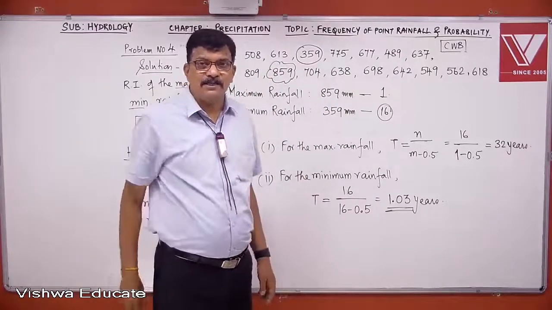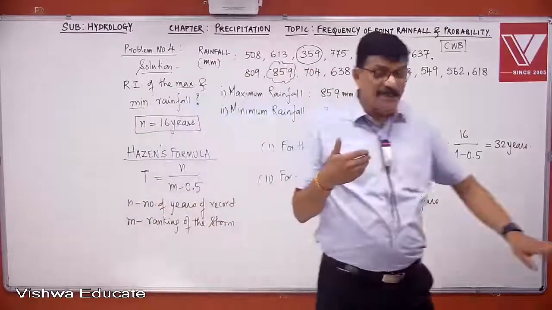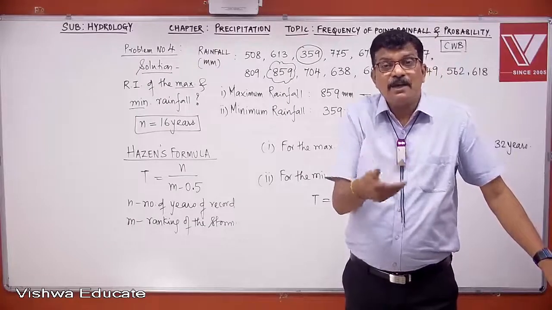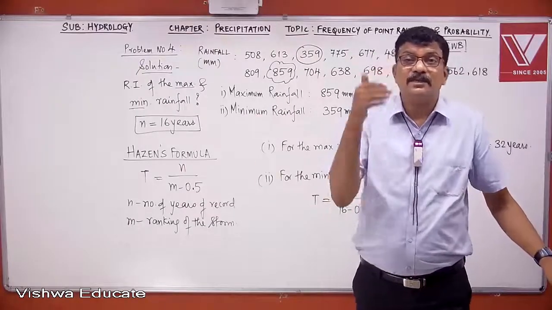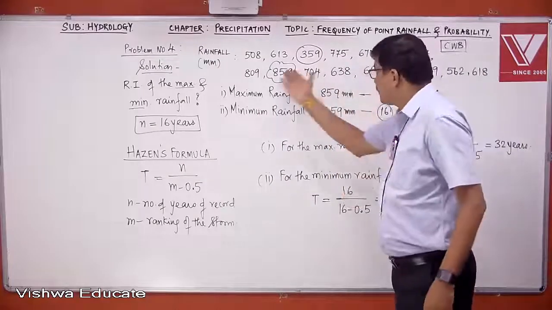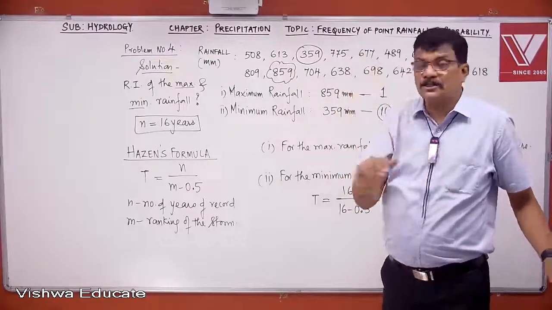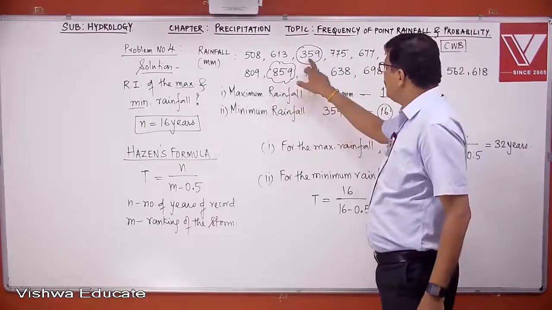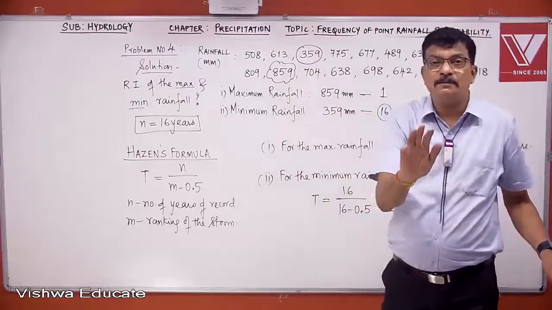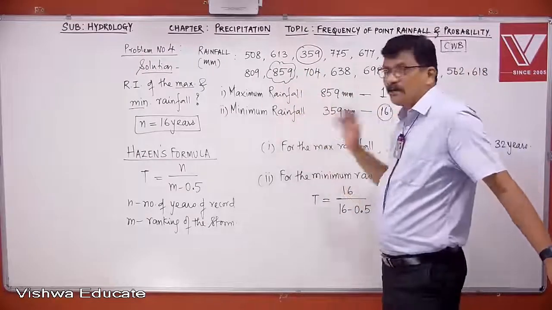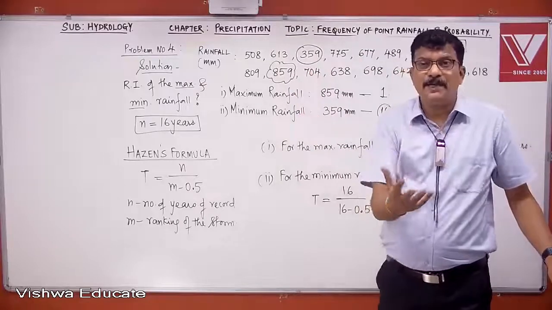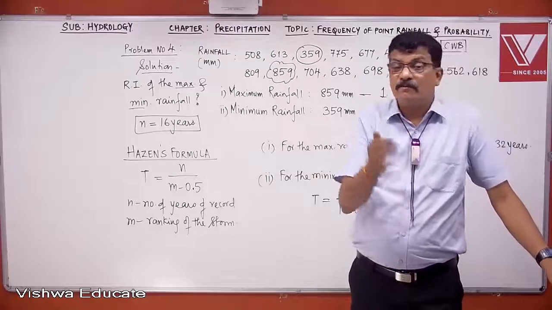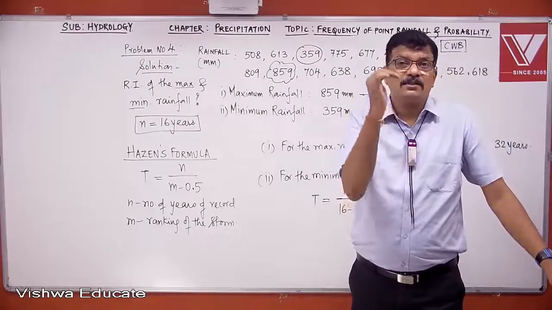Now, the inference that I make out of this solution is that the severest of the storms as per the given list, that means in the past 16 years, there has been a maximum rainfall of 859, whereas a minimum rainfall of 359 millimeters has occurred. Now, this is the past record. Based on this, I can now predict that the rainfall having the highest magnitude will recur once in 32 years.